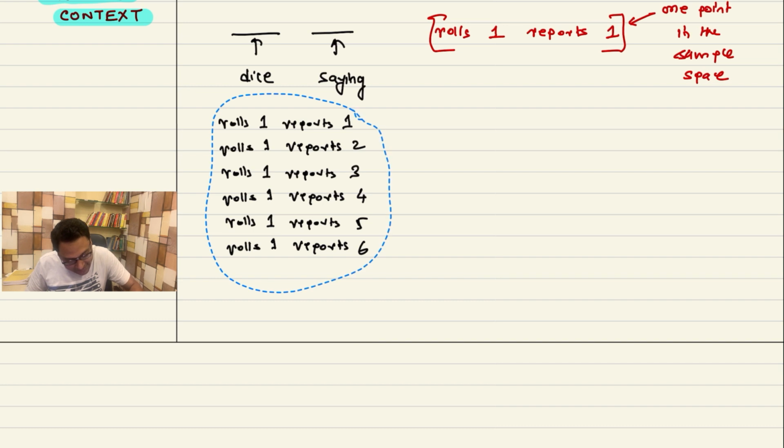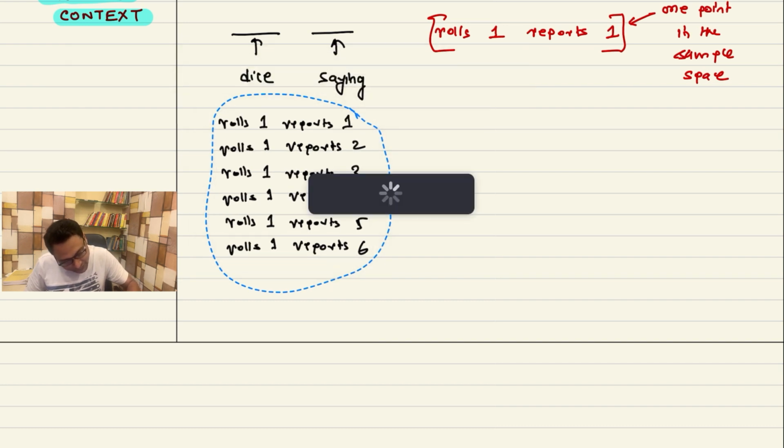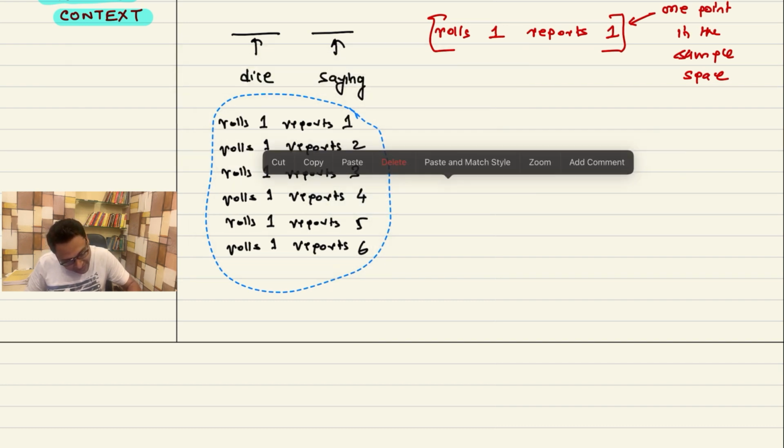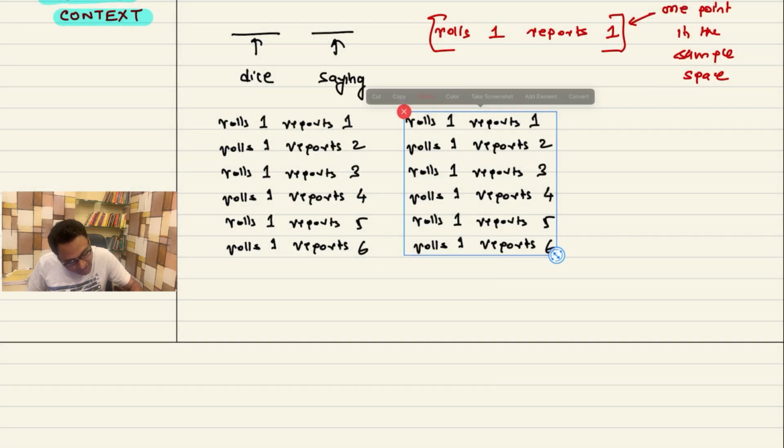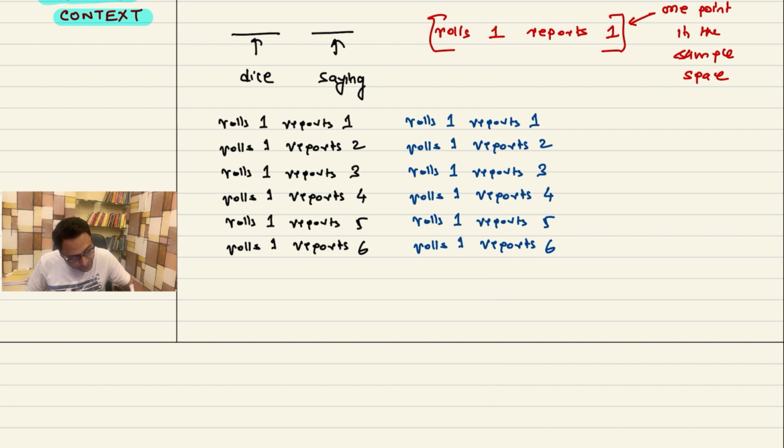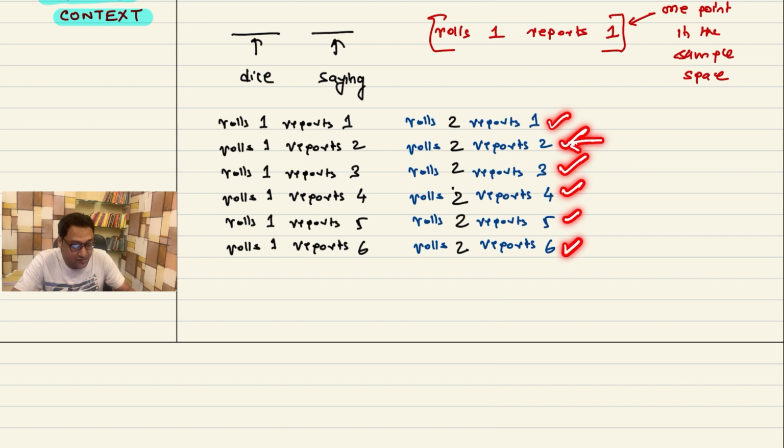Okay, I'll just copy this entire thing and paste it here, and maybe change the color to blue. So in this case, instead of 1, he actually rolls 2. So actually he's rolling 2, but here he is reporting 1, he's reporting 2. So here he is saying the truth. 3, 4, 5, 6. Okay, that's great.